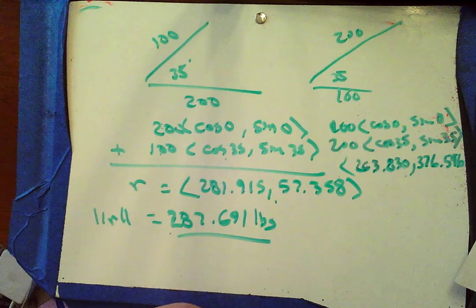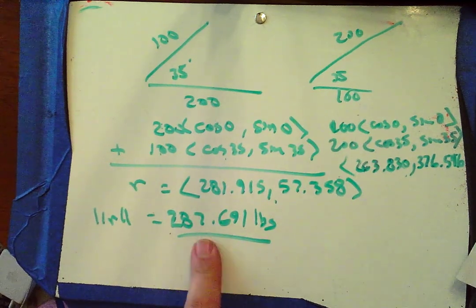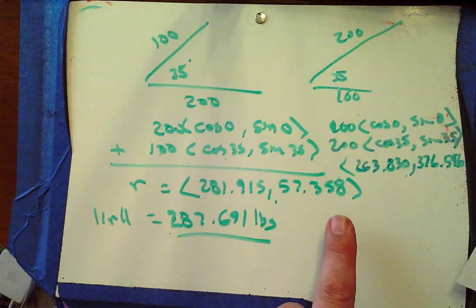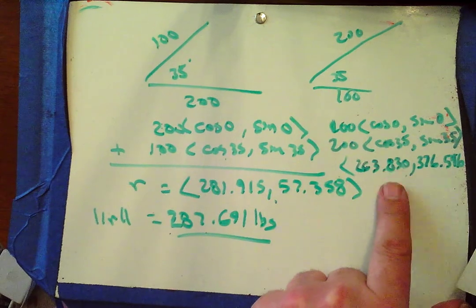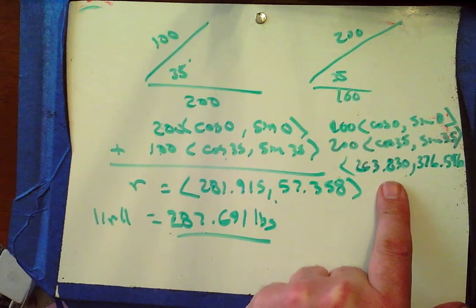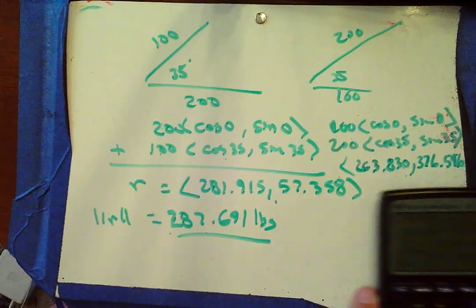In both cases, I'm supposed to get the same magnitude, and it's supposed to be this magnitude. So my setups are the same. This one, though, is not giving me that magnitude, so I must have a mistake in the way I put this in. Let's go back and figure that out.